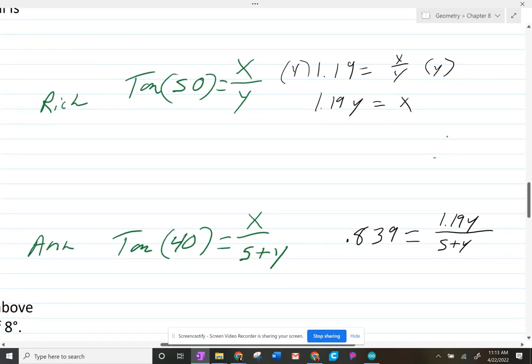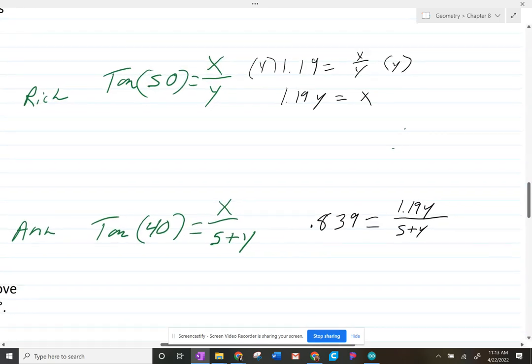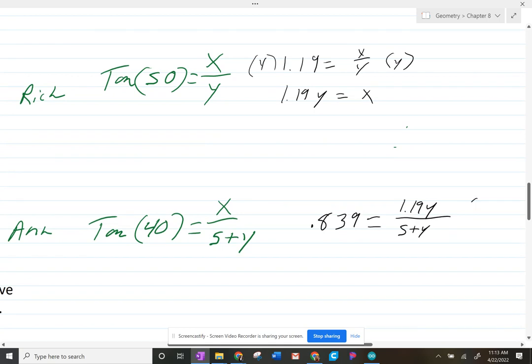Okay? I want to get rid of this from the bottom. So if this is on the bottom, how do I get rid of the denominator? Multiply, yeah. I'm just going to multiply both sides by the reciprocal. So I'm going to multiply this side by 5 plus y, and this side by 5 plus y. These ones cancel out.